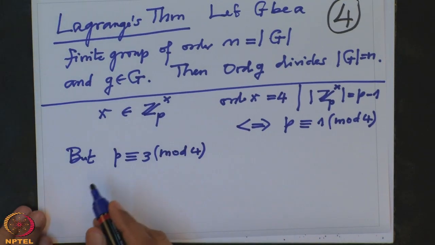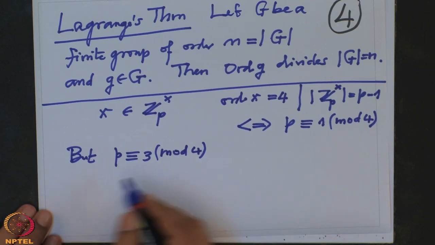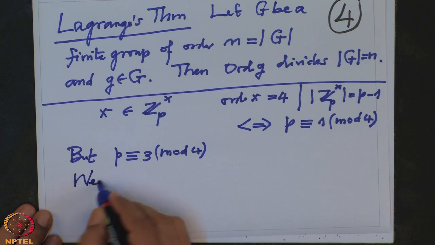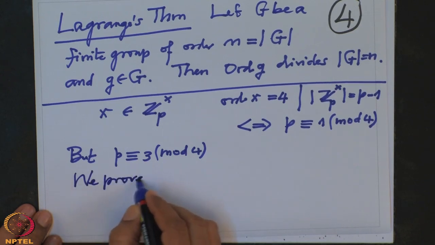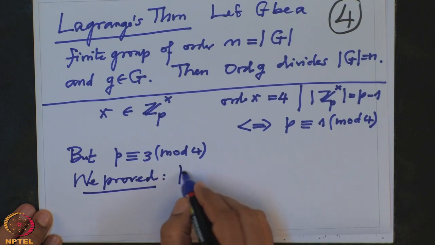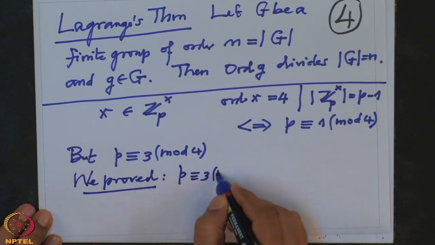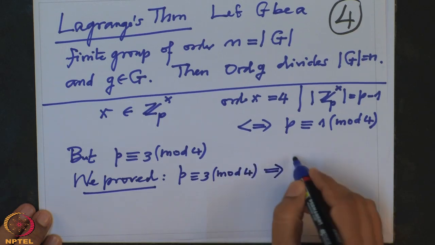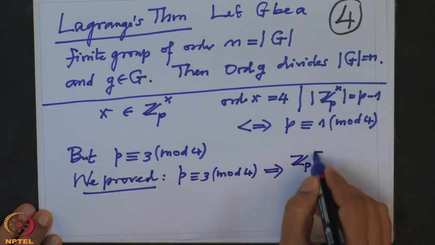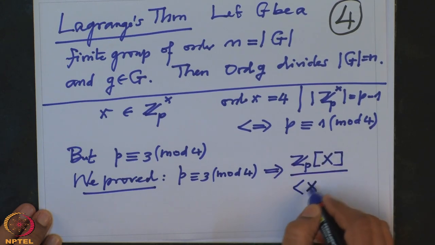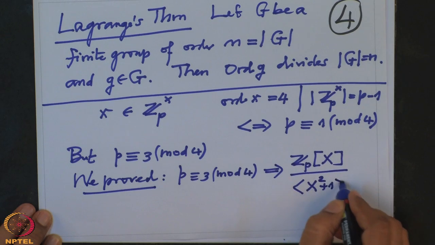Now conversely, we proved if p is congruent to 3 mod 4, then Z mod p[x] modulo the ideal generated by x square plus 1 is a field.